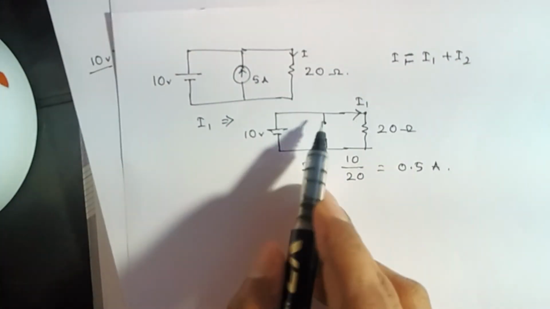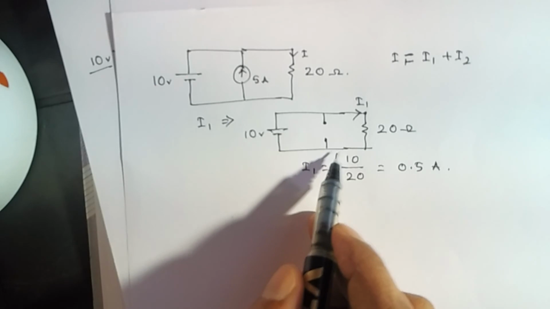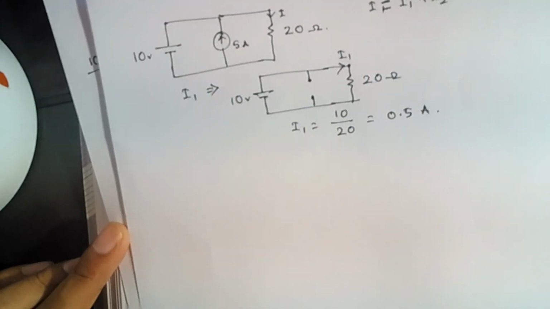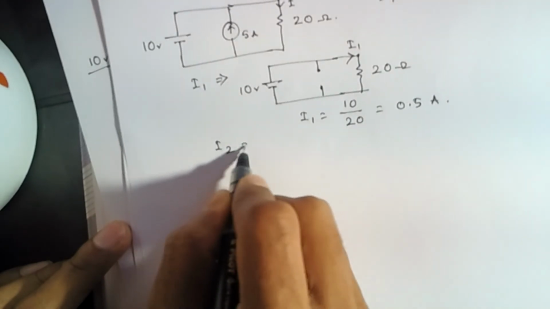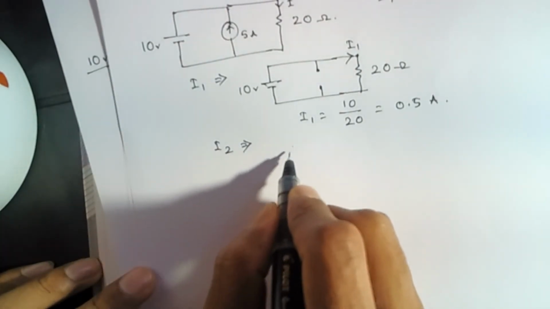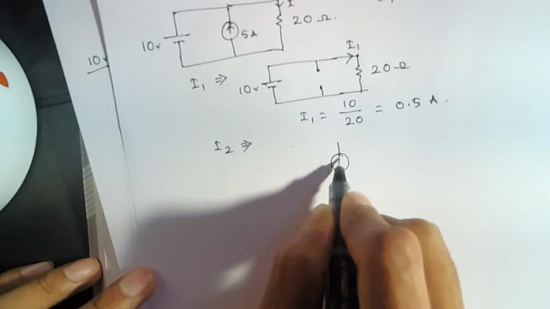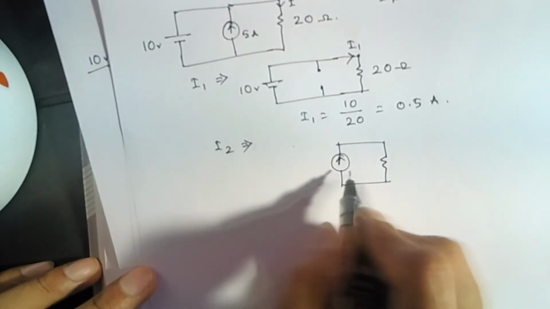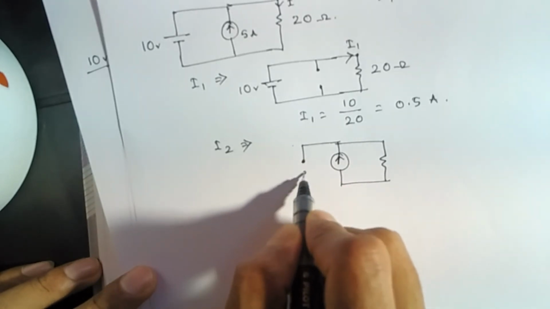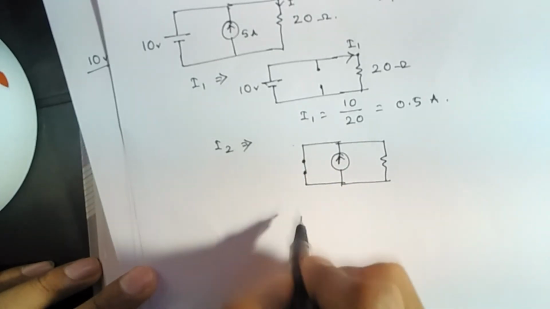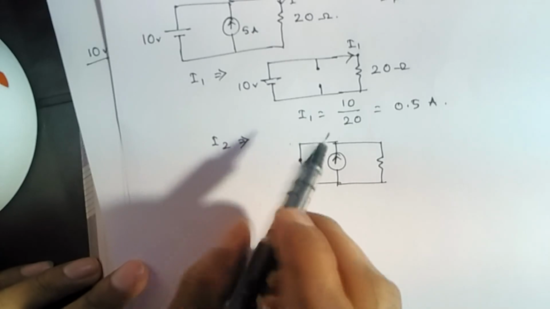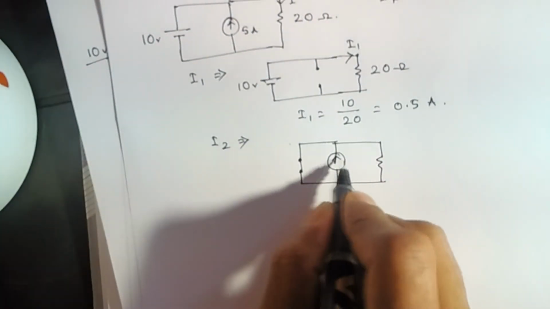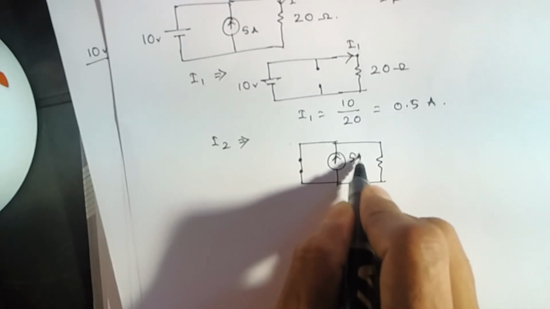The current source is open circuited because its internal resistance is infinite. And for I2, here is the current source and here is the resistance. It is short circuited because the internal resistance of the voltage source is 0. This is 5 amps.